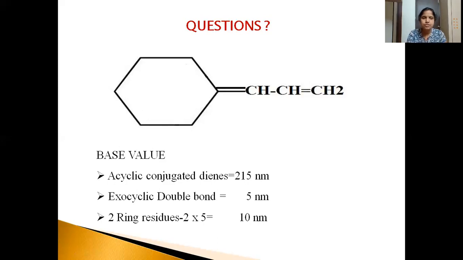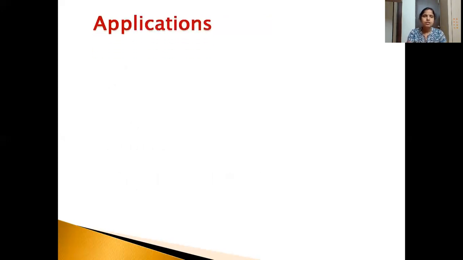Then after that, whether it has alkyl substituents or ring residues, and if it has exocyclic double bonds, we have to give the increments accordingly. So these are some of the examples we have covered, how to calculate the lambda max of some compounds using Woodward-Fieser rules.